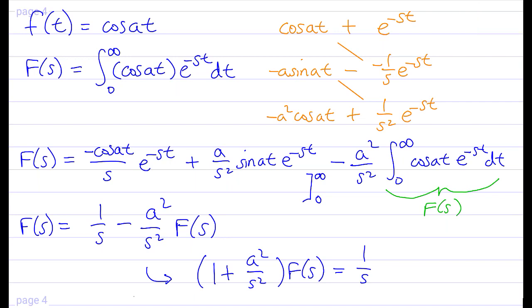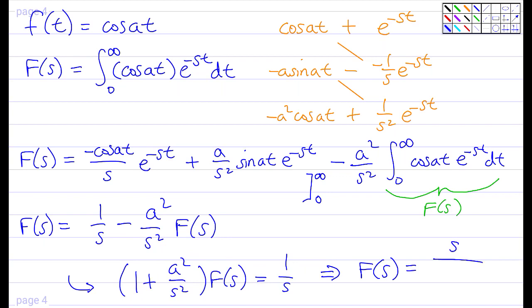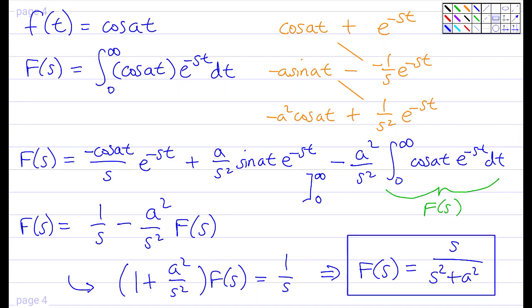Okay, solve this finally for f of s, and I get s over s squared plus a squared. I went through quite a few steps there. That was a really challenging one. So go through it slowly yourself to make sure that you get what I got. That's the Laplace transform of the cosine function.